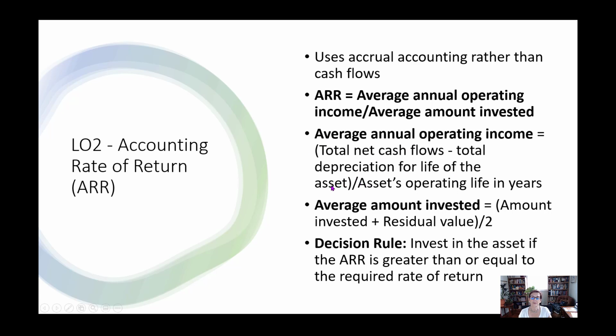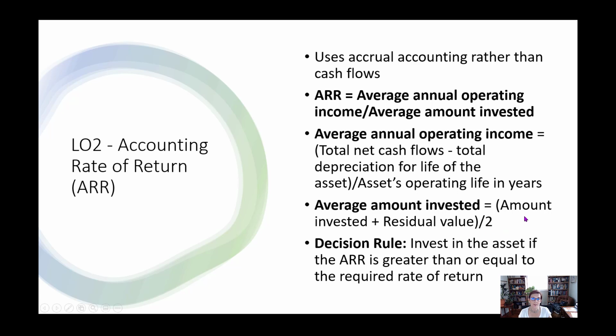Subtract those, divide by the asset's operating life in years, and that's going to give you your average annual operating income, or your numerator. Then, to find your average amount invested, you take the amount invested, which is the cost of the asset, add back residual value, and divide that by 2.